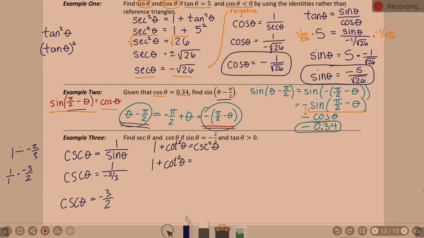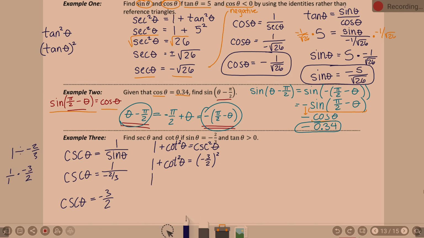Means I'm going to do negative 3/2 and square it. What is negative 3/2 quantity squared? How do you square 3/2? 3/2 times 3/2. Check your math. 9 over 4. Negative 3/2 times negative 3/2 is going to be positive 9/4.